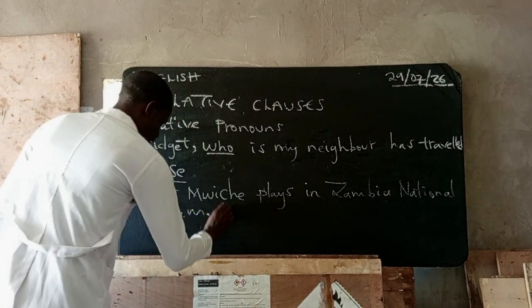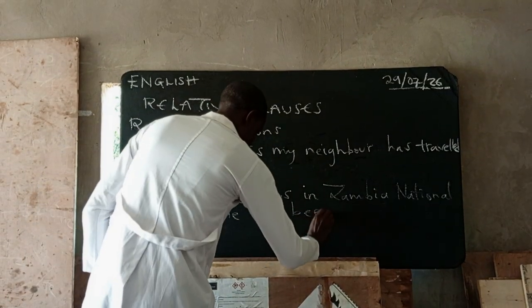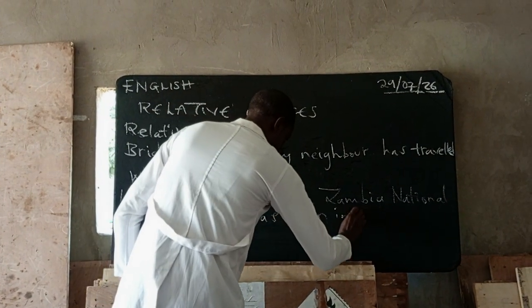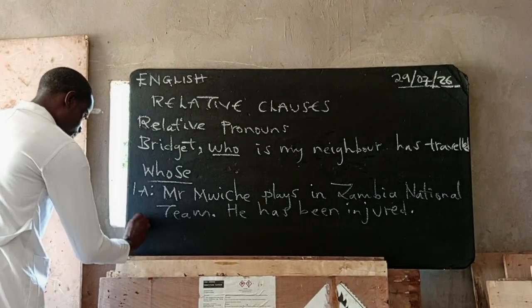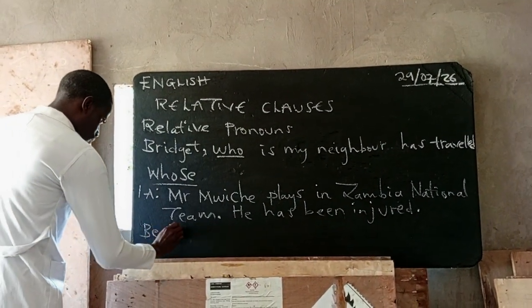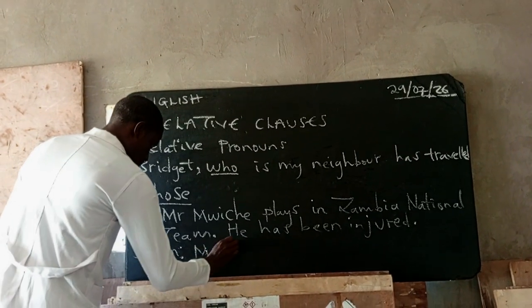Full stop. Then I'll say, he has been injured. The examiners will ask you to transform this sentence. They'll say, start with Mr. Mwiche.